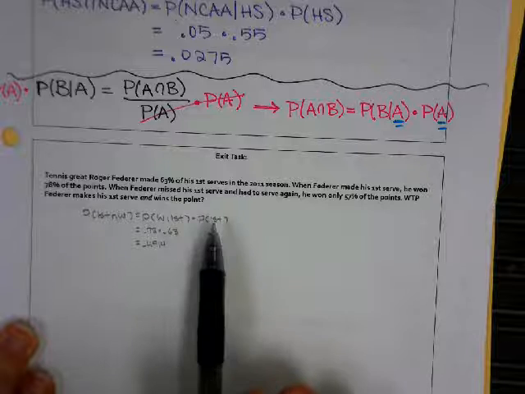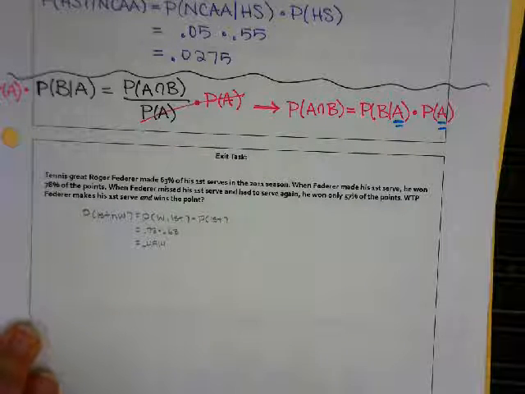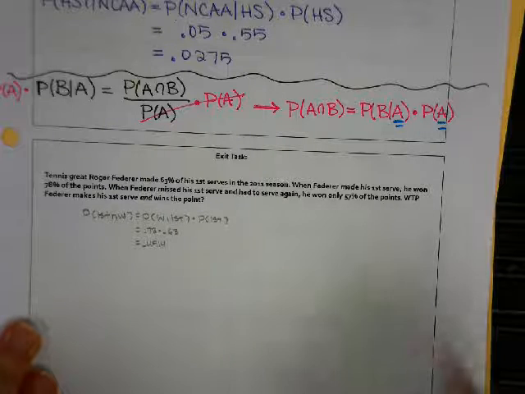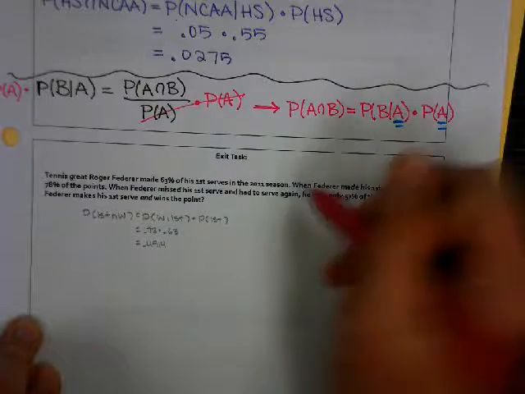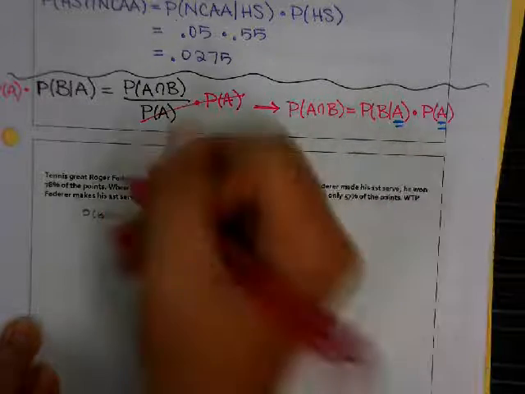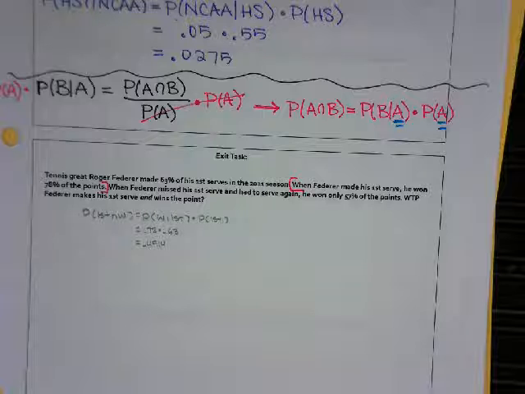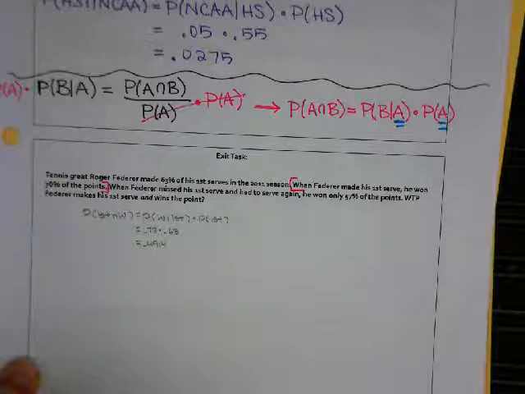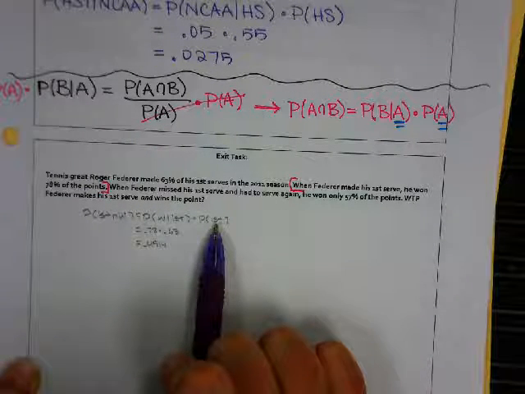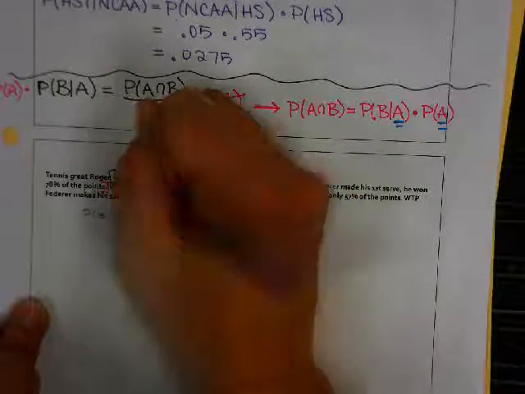The probability he wins the point given his first serve was in is right here. So when he makes his first serve, he wins 78% of the time. So she has 0.78. And then we have to multiply by the probability he makes his first serve, which is right here. He makes his first serve 63% of the time. So when we multiply them, we get 0.4914.